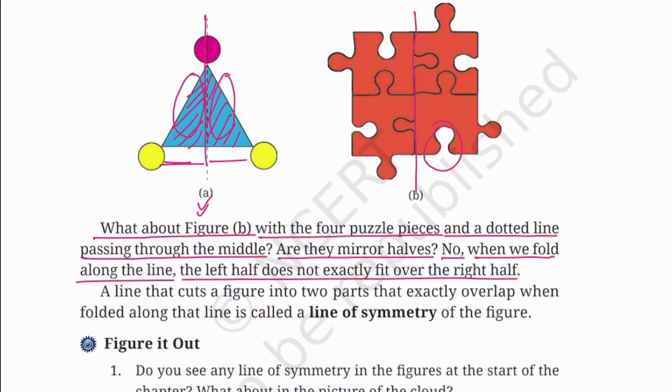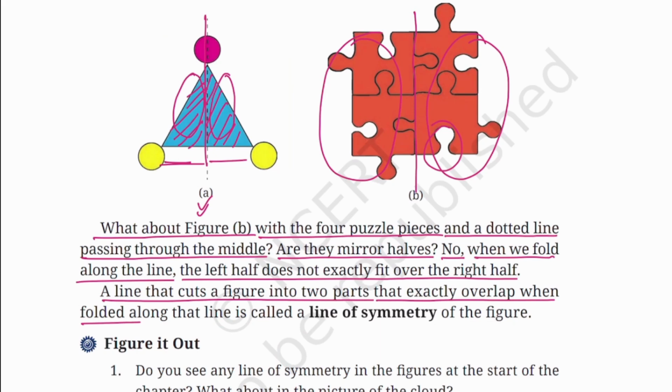This portion will not fit onto this portion. A line that cuts a figure into two parts that exactly overlap when folded along that line is called a line of symmetry of the figure. So you can say this is a line of symmetry.